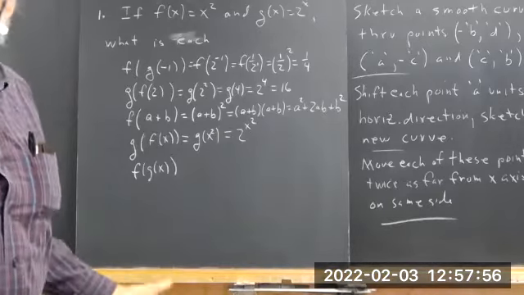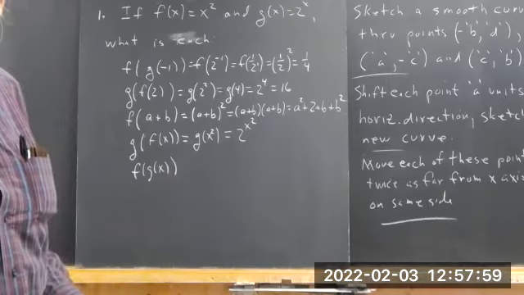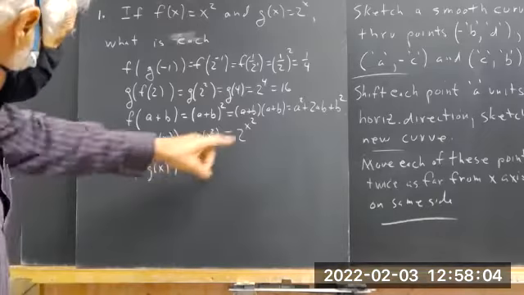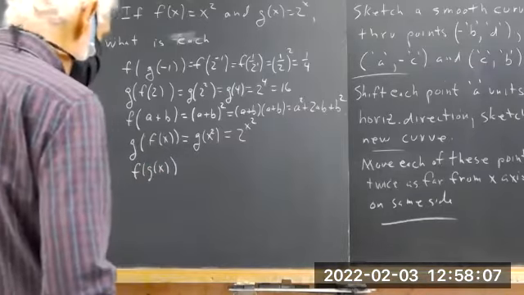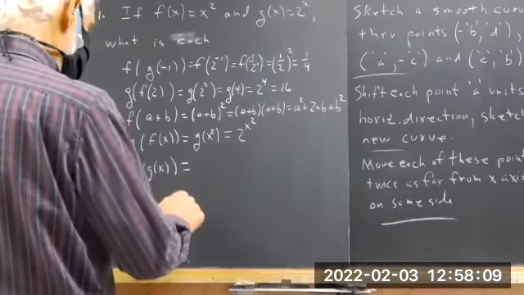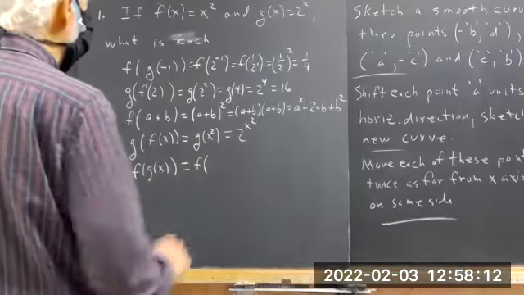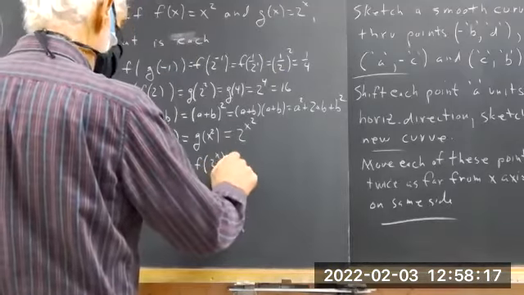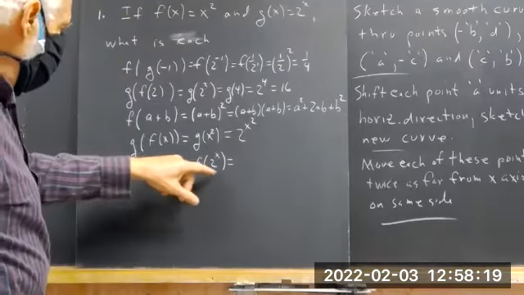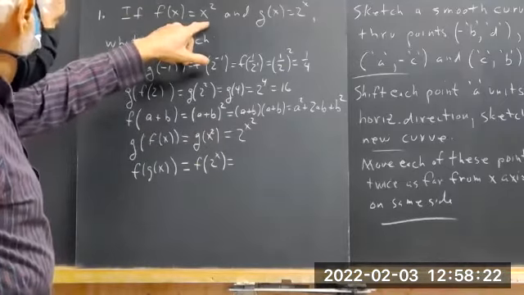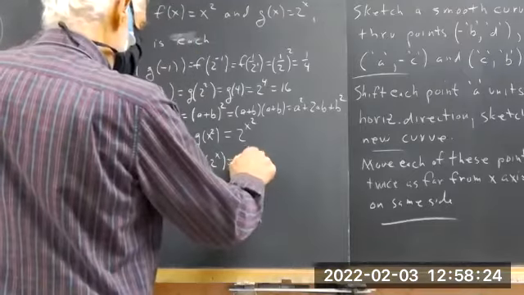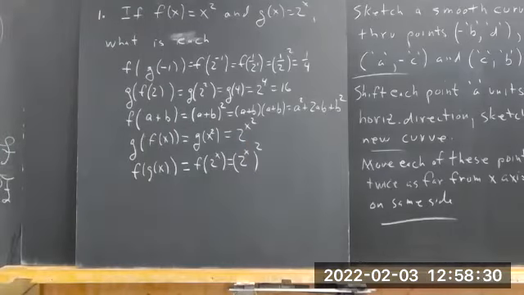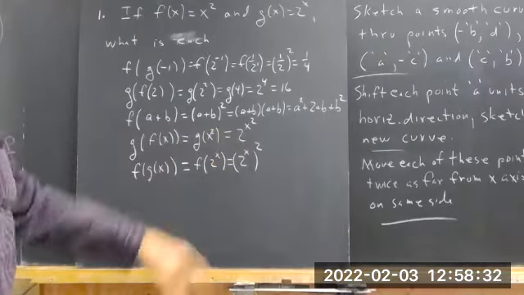Now later, we'll have to simplify that. We'll have to apply the laws of exponents. You should theoretically be able to do that now, and many of you I'm sure can, but be careful with it. Okay. And f of g of x is what? Well, g of x is 2 to the x. Now if you do f of 2 to the x, you're replacing x by 2 to the x. That's 2 to the x, squared, which looks like it's the same as this, but it's not.